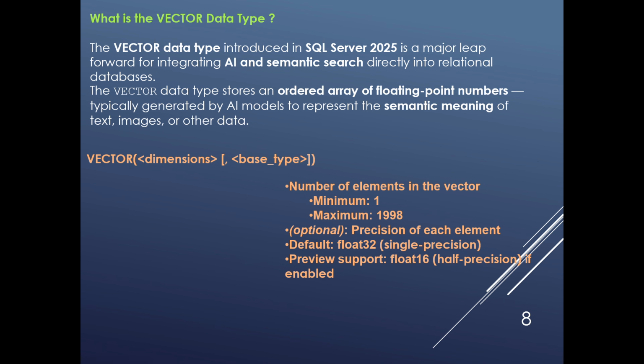Because it is a float 32, if we change it from float 32 to float 16, then it will go up to double, that is 3996 dimensions.